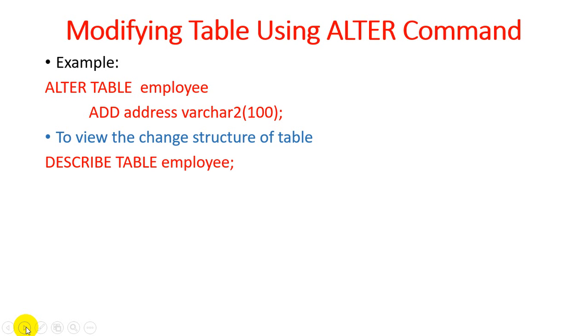In the same way, if you want to see a particular table structure, you can see the column name, data type, size and constraint, whatever was defined at the time of creation. For this, you can use the DESCRIBE keyword with the table name.